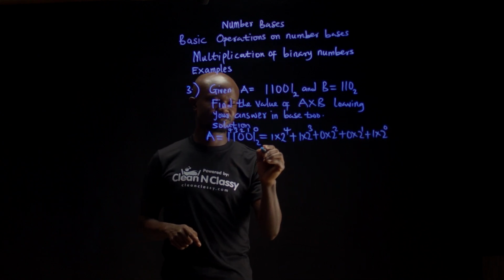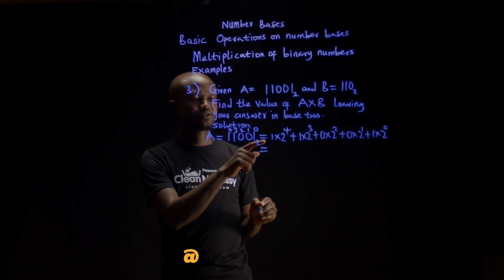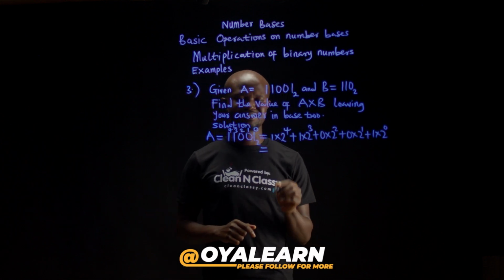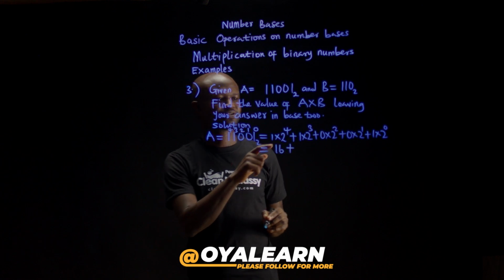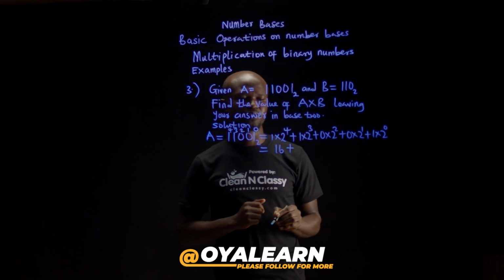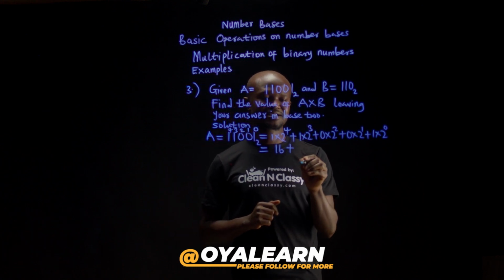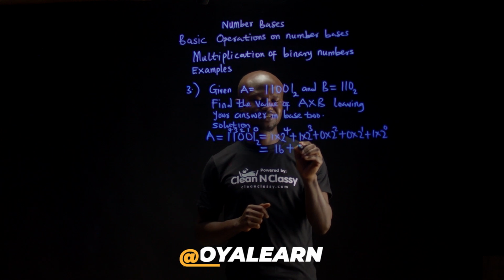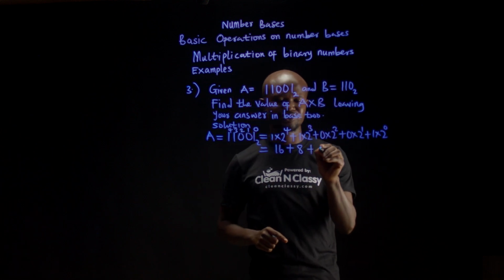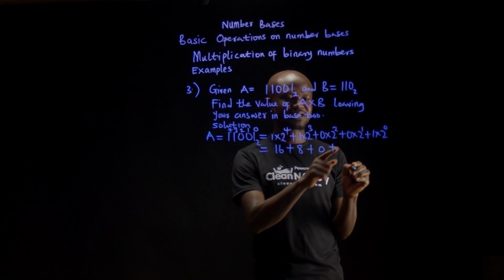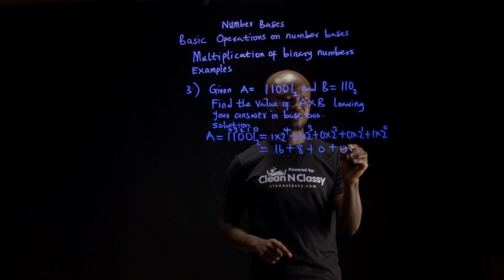Now what do we have from here? 2 raised to the power of 4 is 16, and 16 times 1 is 16. Plus 2 raised to the power of 3, that's 8, and 8 times 1 is 8. Plus a term with 0, that is 0. Plus a term with 0, that is 0.